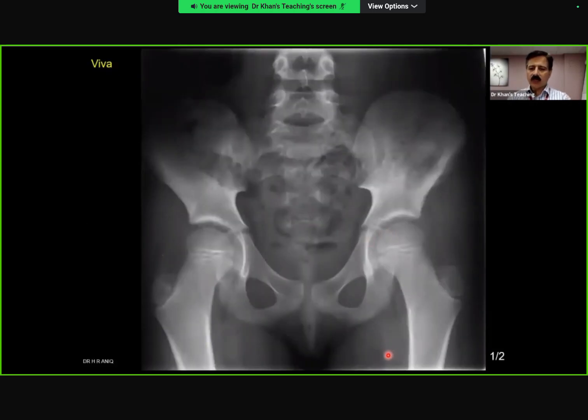Another observation film. I think the second last of the day. Over to you. So in the lateral iliac crest, there appears to be increased. Which side? Left side. Okay. The iliac crest.